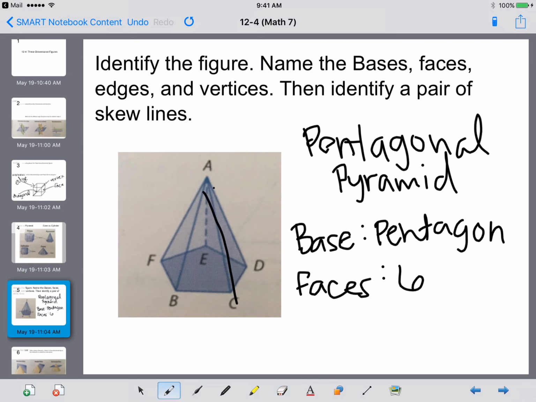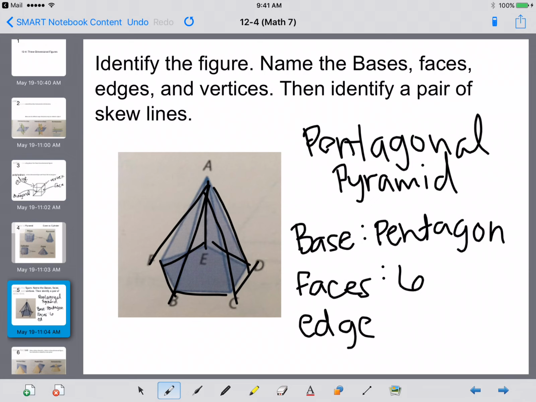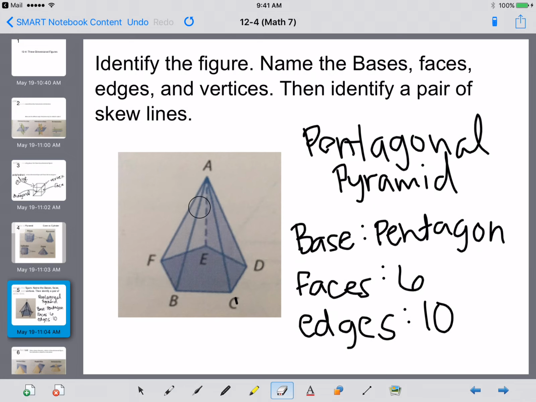So there's 1, 2, 3, 4, 5, 6, 7, 8, 9, 10. 10 edges. Our vertices, so that's all our little corner pieces. We have 1, 2, 3, 4, 5, 6. I'm just going to label that vert. We have 6 vertices.